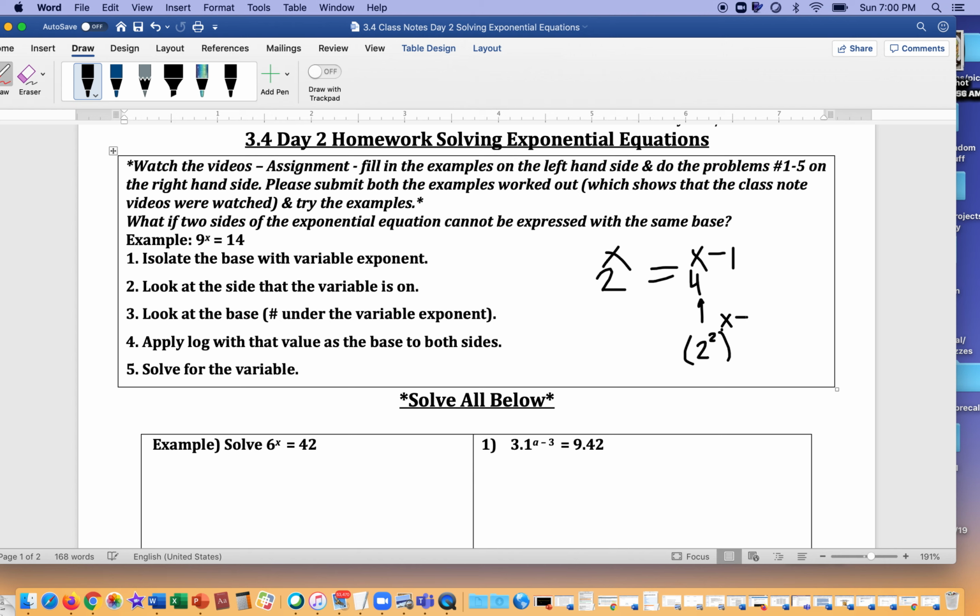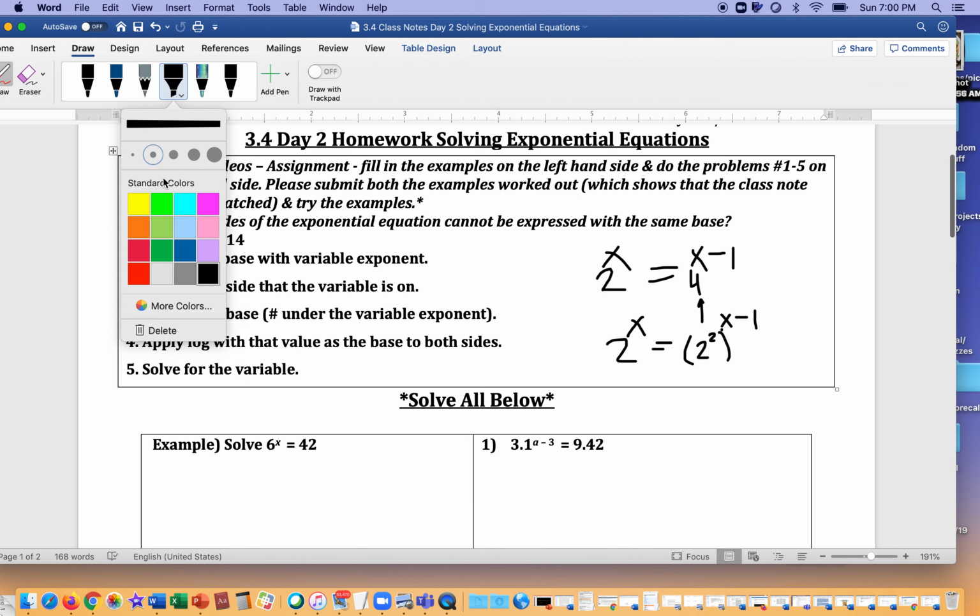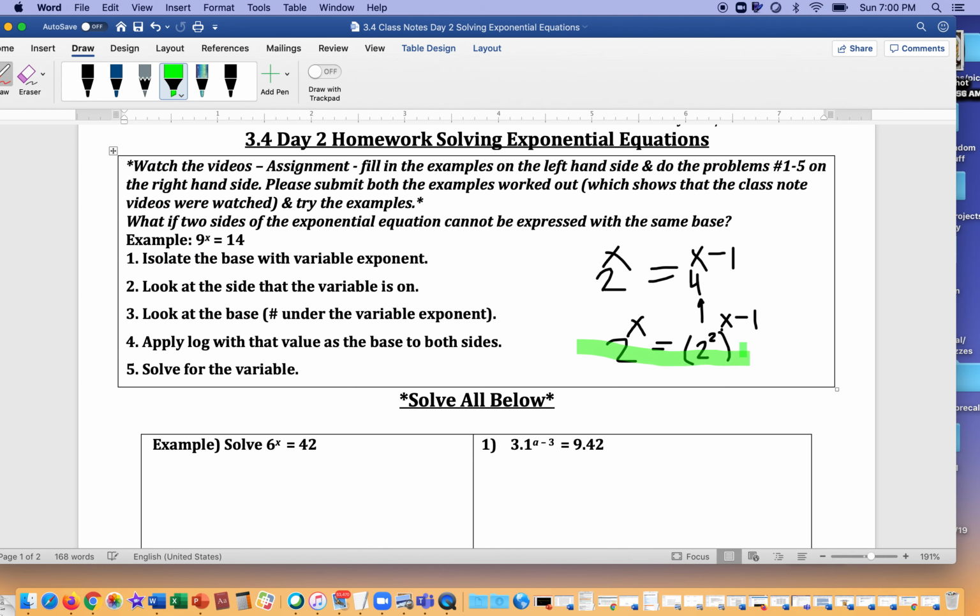Okay, so we would have that. And then the bases became the same, so then you were able to cancel out, and we would be left with x equals, you would distribute that 2 into the negative 1, so you got 2x minus 2.